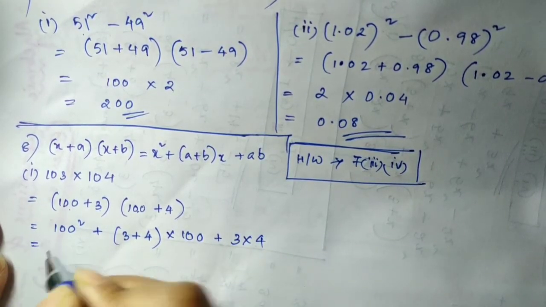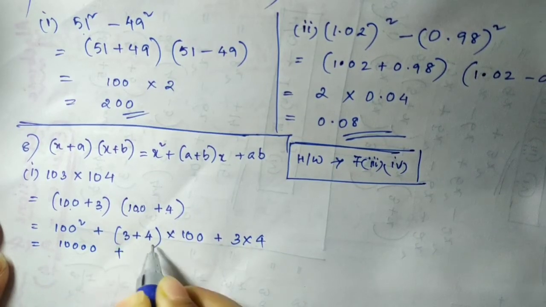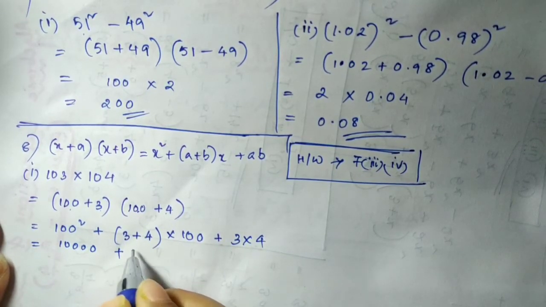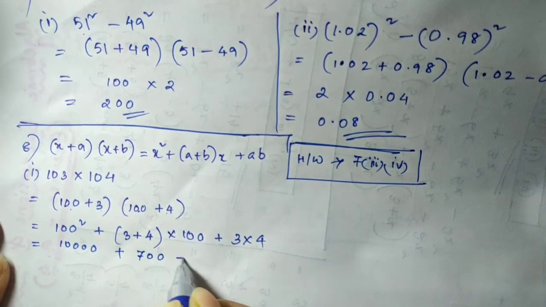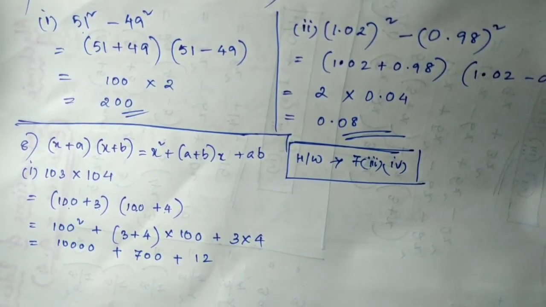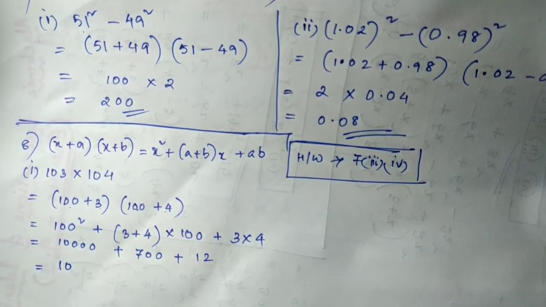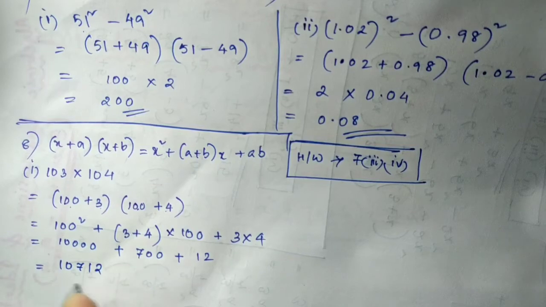Let's just solve it. 3 plus 4 is 7 into 100, 700, plus 3 into 4 is 12. Now just let's add them. So the answer will be 10712, and this is your solution.